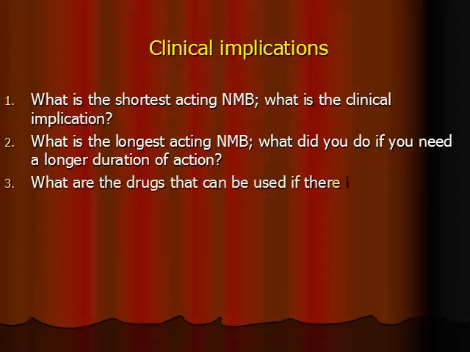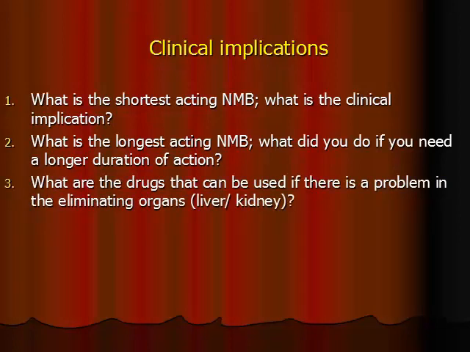What are the neuromuscular blockers that can be used if there is a problem in the eliminating organs, the liver or the kidneys? The answer: we can use the drugs that are eliminated by non-enzymatic hydrolysis, e.g. atracurium, cisatracurium. Drugs which are eliminated by pseudocholine esterase may also be used, however, their duration of action may be prolonged, since the level of pseudocholine esterase is lowered in presence of hepatic diseases and in renal failure.